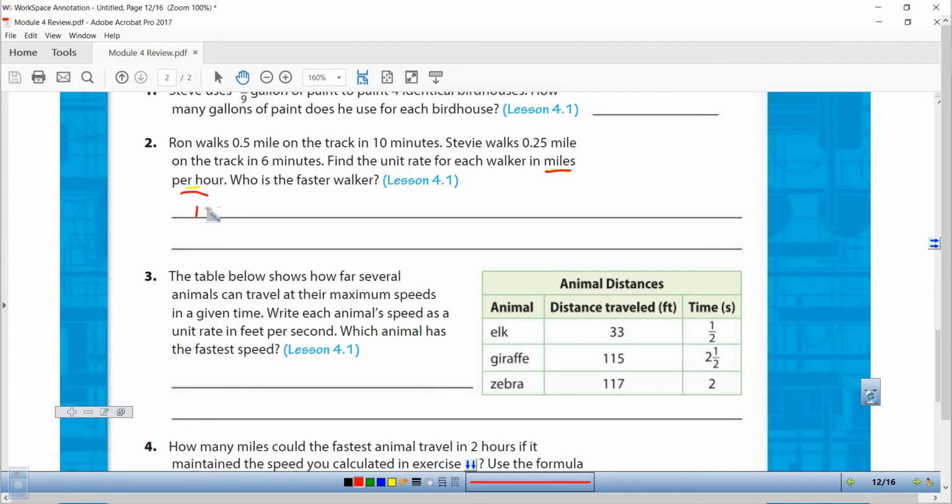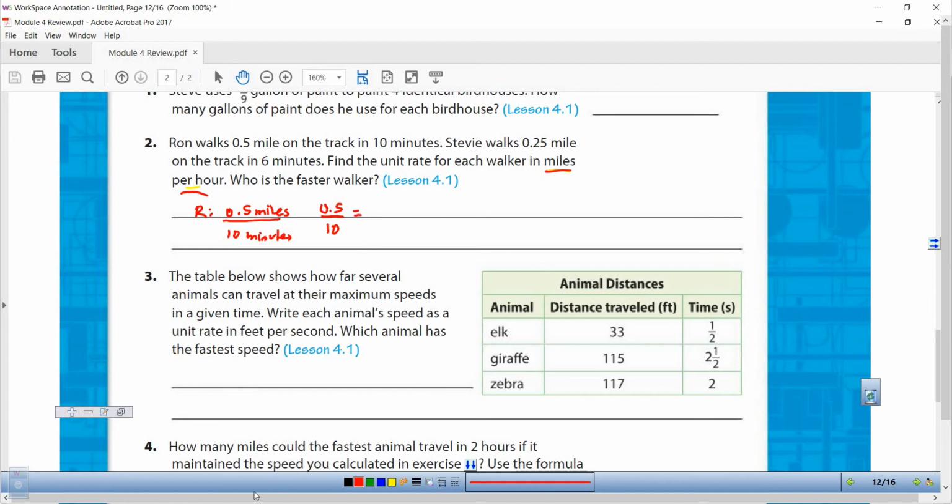So let's start with Ron. And Ron has 0.5 miles in 10 minutes. So the first thing I'm going to do is find his unit rate. So what did we just do? We're going to do 0.5 divided by 10.